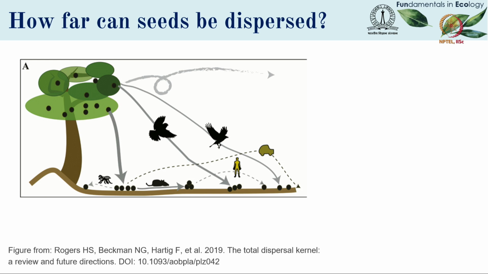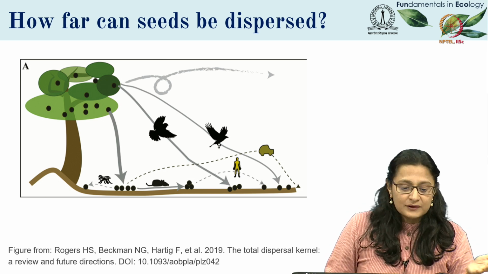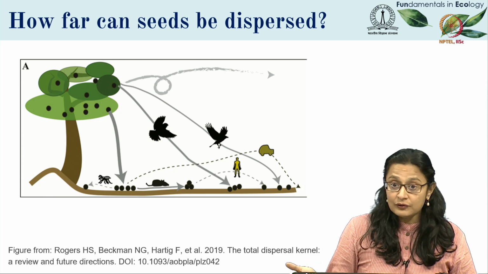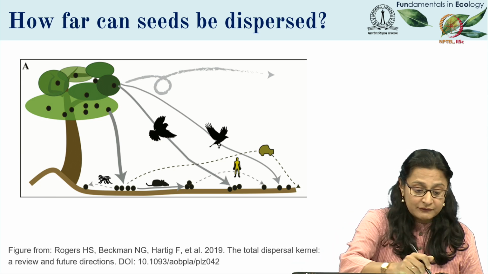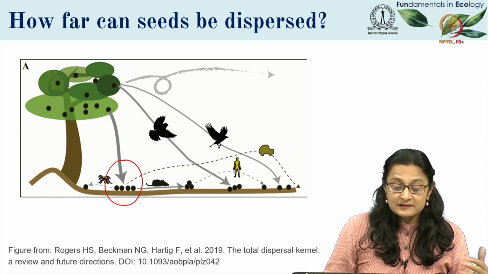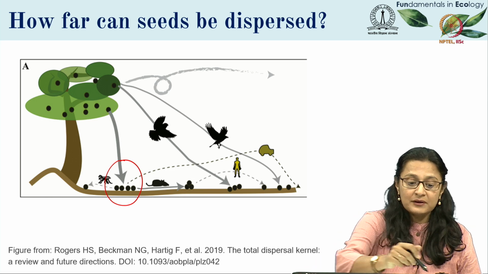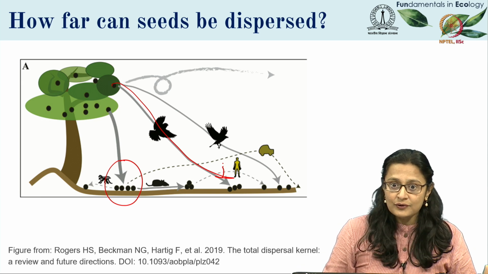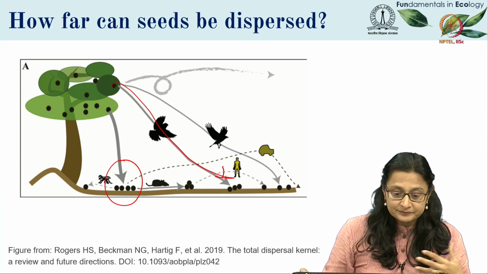So how far can seeds be dispersed? Well, that depends on the vector that's carrying them. And so you can see from this cartoon image here that some seeds fall to the ground via gravity. The seeds from the same plant can be carried by birds a further distance, and that's through endochory, through the gut.